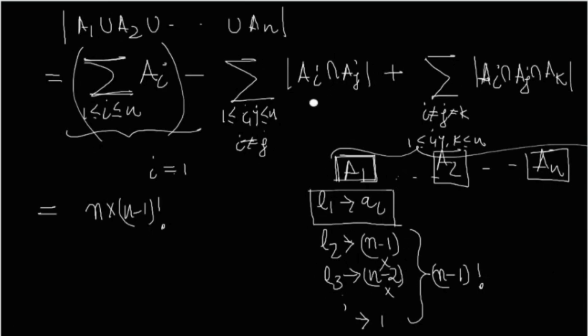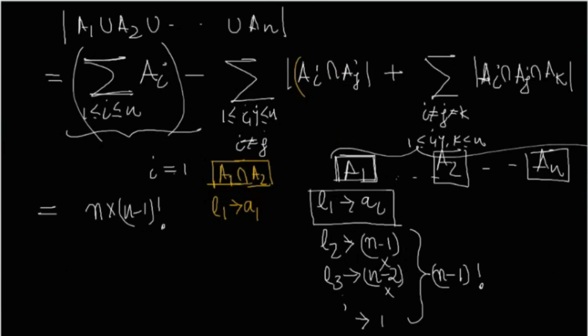Now in the second case, okay, let me use a different color here. I'm talking about the case, the event A2. I'll fix L1. L1 goes to A1. Not A2, I want to fix, say, A1 intersection A2.